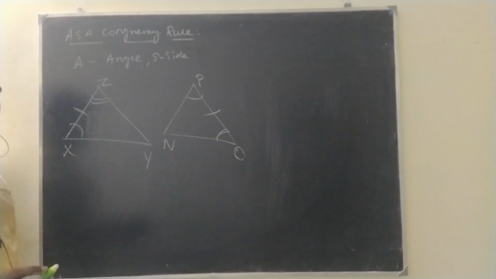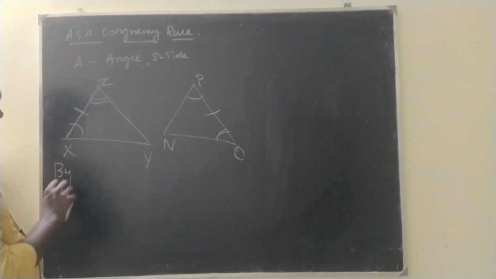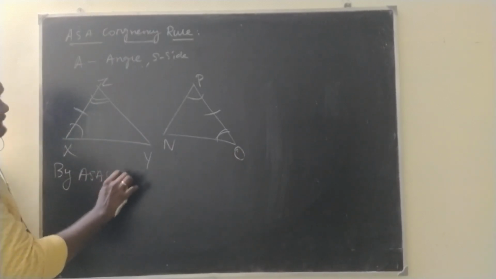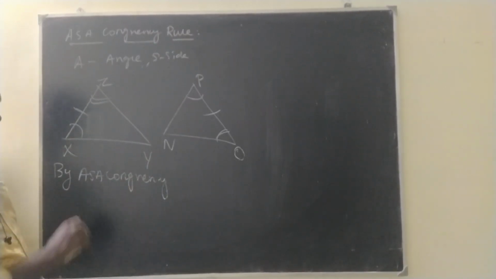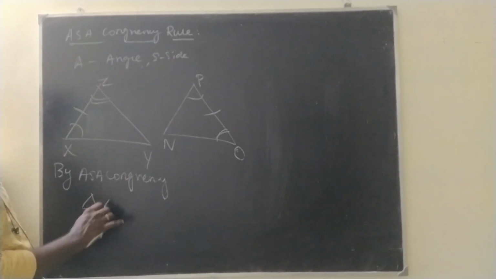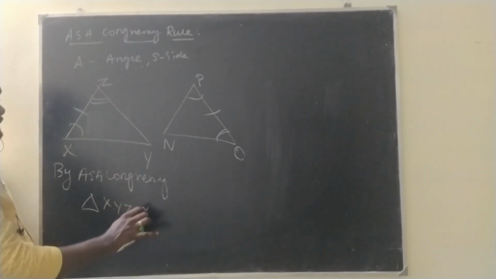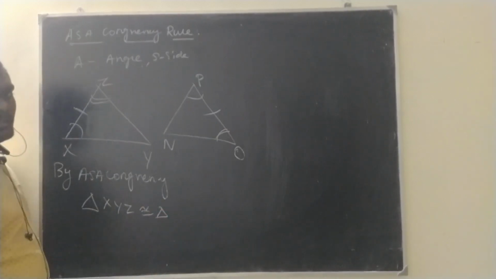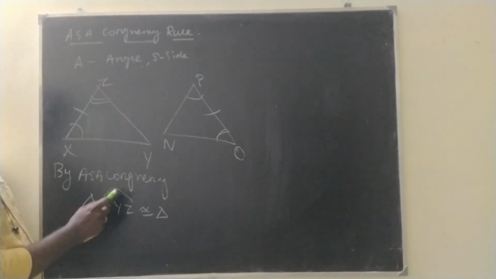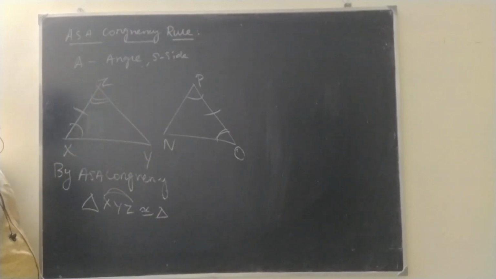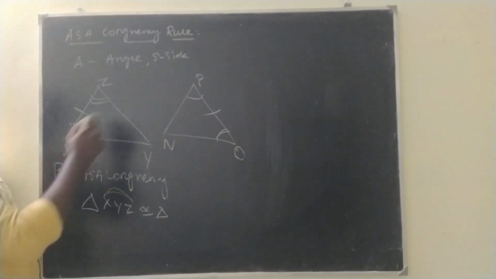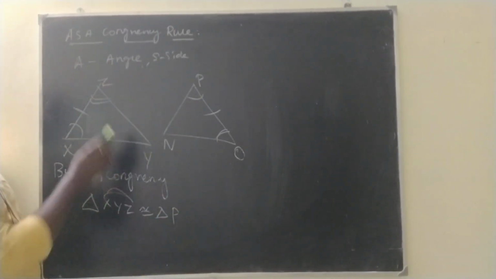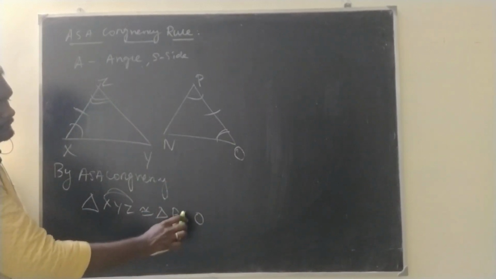So by the ASA congruency rule, we may write that the triangle XYZ is congruent to the triangle. The side XZ is equal to what? PO. In particular, X is equal to P and Z is equal to O.